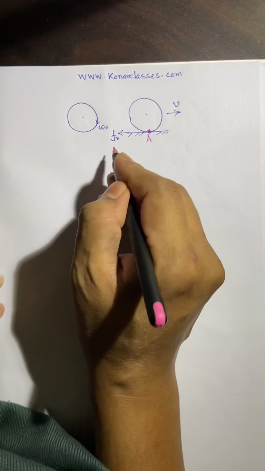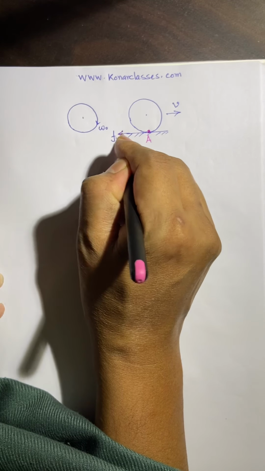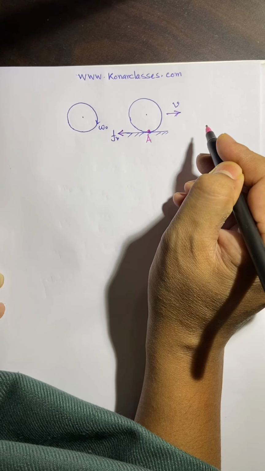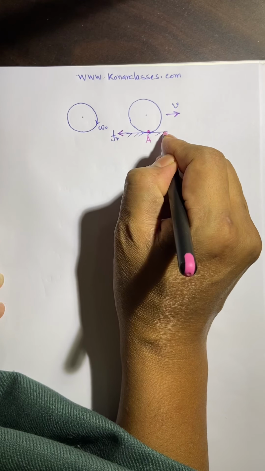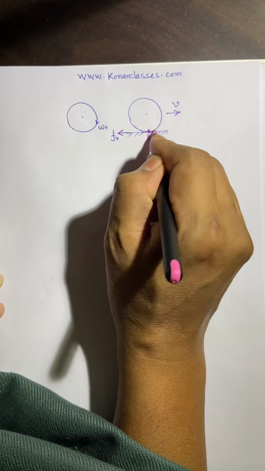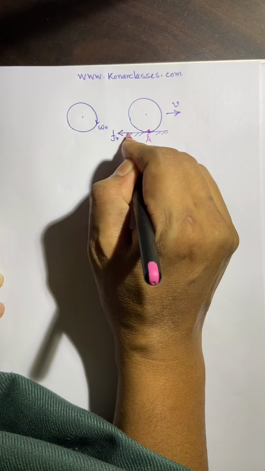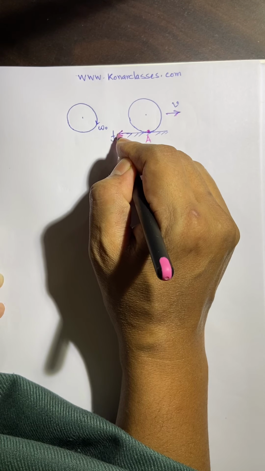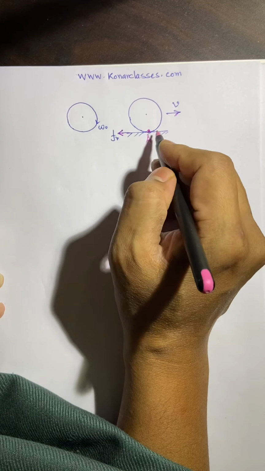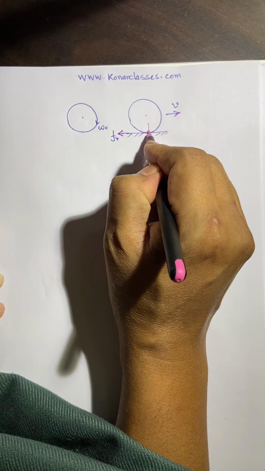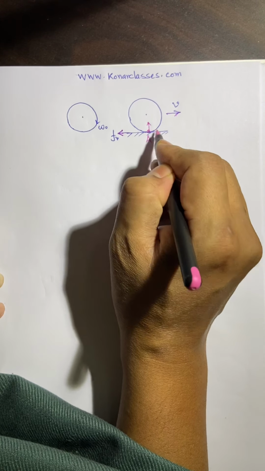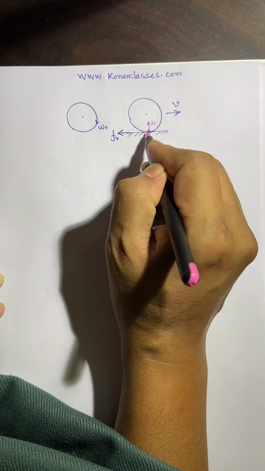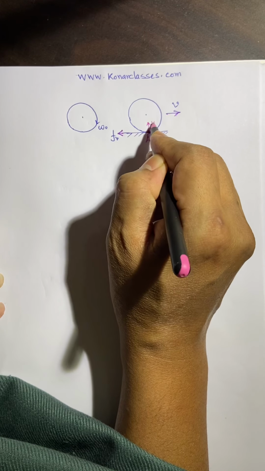Why? The friction is opposite to the direction of the velocity, the linear velocity in this direction. At the same time the friction will try to create a torque, and the same torque will be balanced by the normal force here.